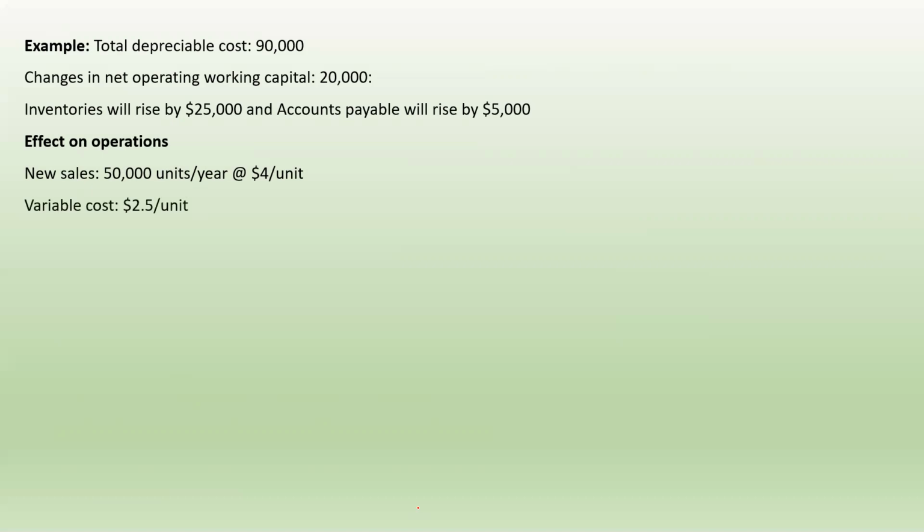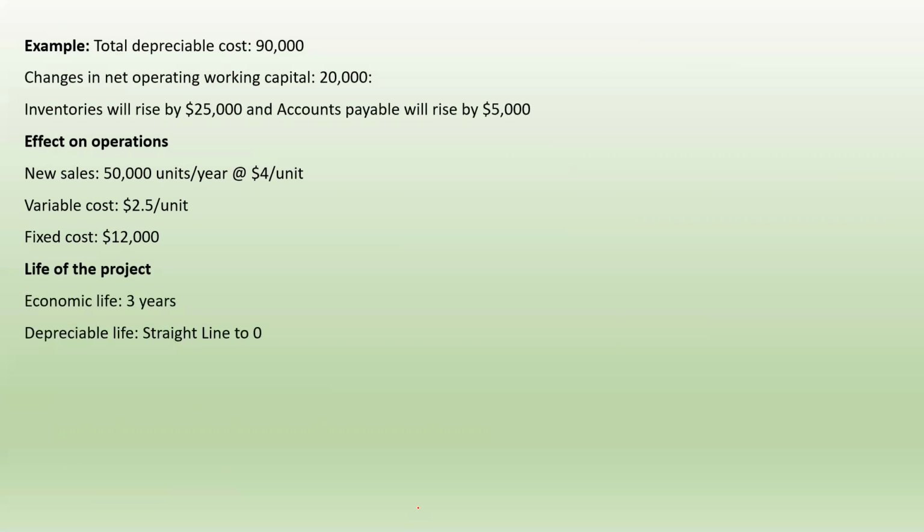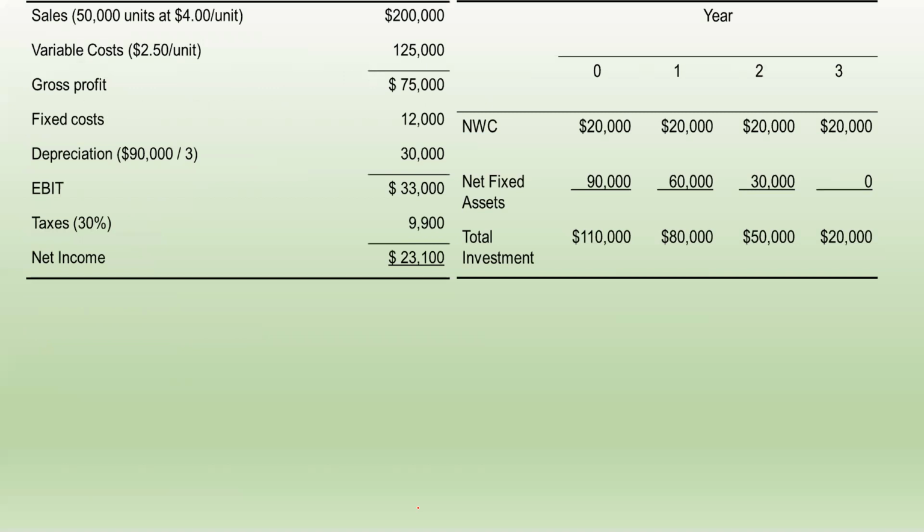Variable cost is $2.5 per unit, and the fixed cost is 12,000. The life of the project is 3 years. For depreciable life, we will use straight line depreciation to 0. And the tax rate is 30%.